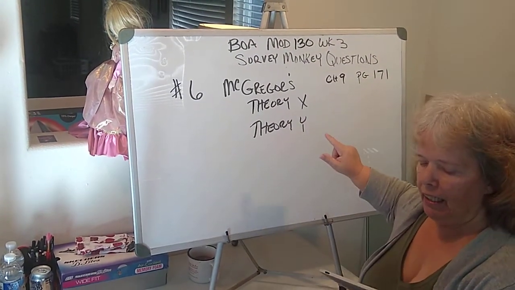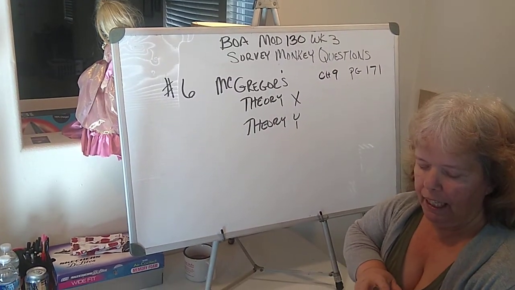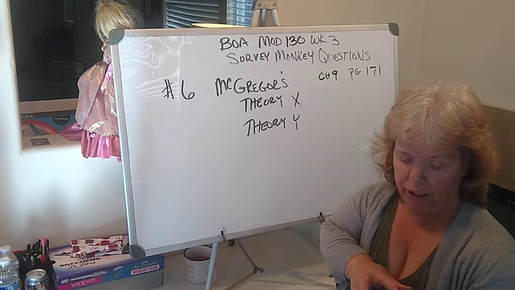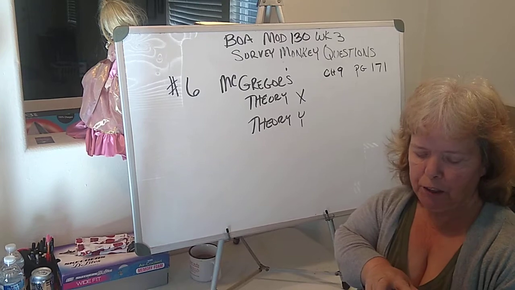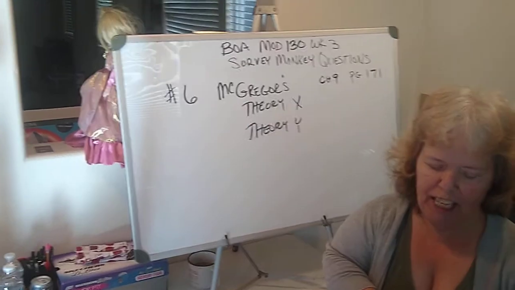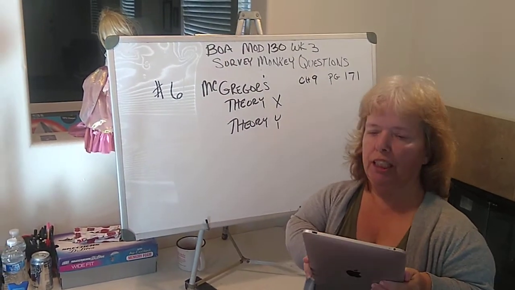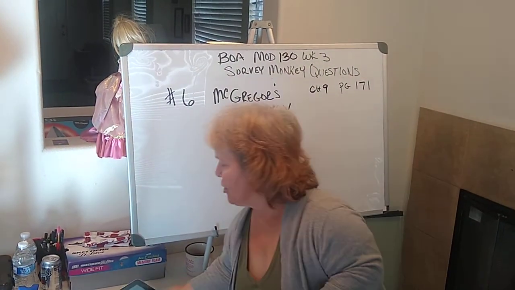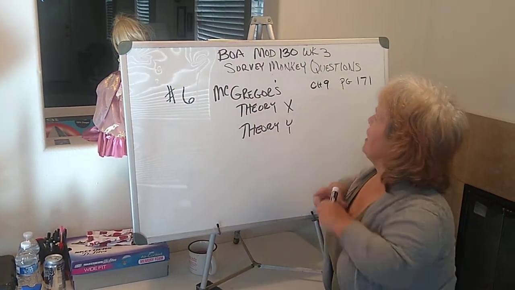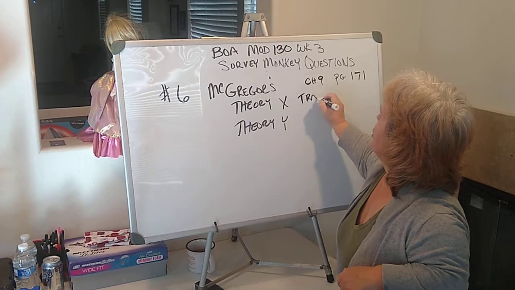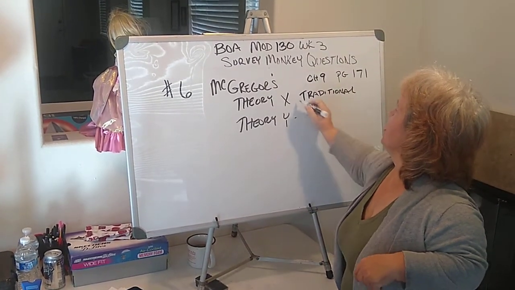Theory Y is a humanistic view of management whereby it assumes that workers like to work and that under proper conditions, employees will seek out responsibility in their attempts to satisfy their social, esteem, and self-actualization needs. We talked about self-actualization yesterday. So anyway, theory X is the more traditional. Theory Y is the humanistic.